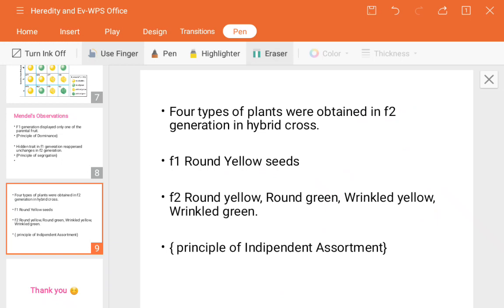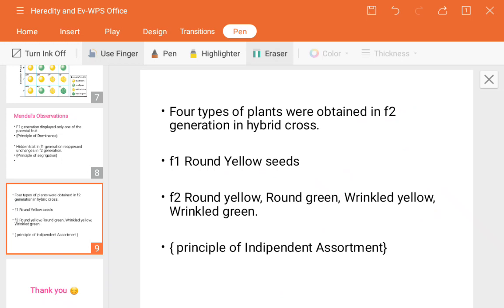After that what happened? The capital R, small y, capital R, capital Y, small r, capital Y, small r, small y, means color plus I'm talking about the wrinkle, is it? Wrinkled and round types. So in the F2 generation he got those things, and that principle he named independent assortment.